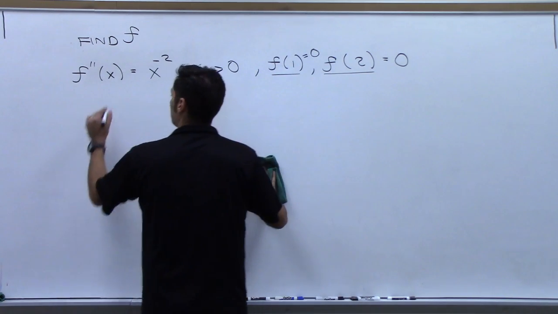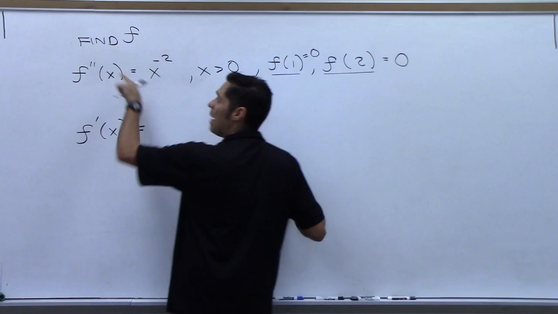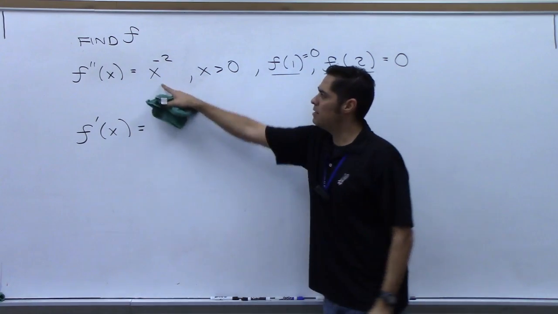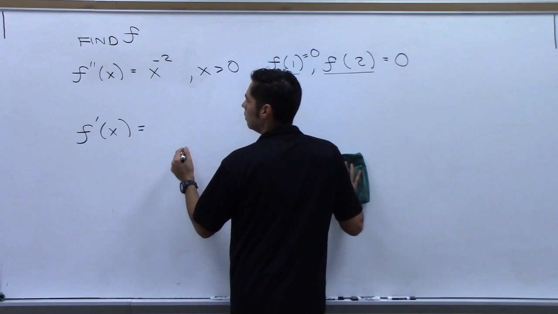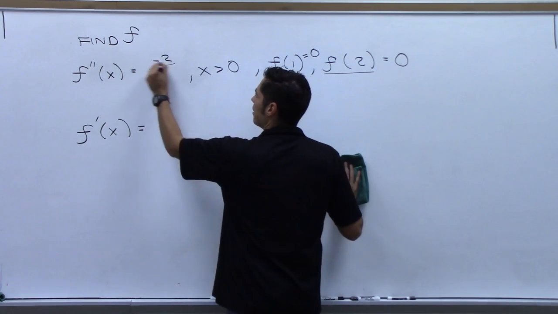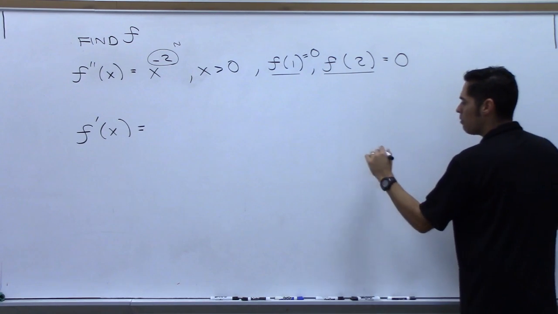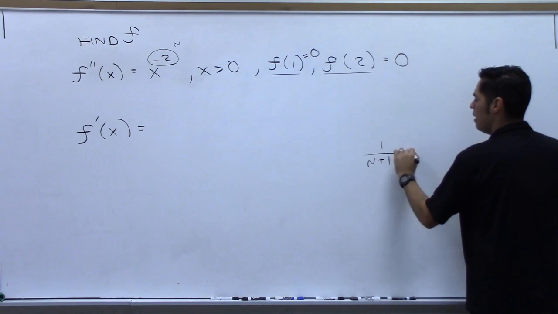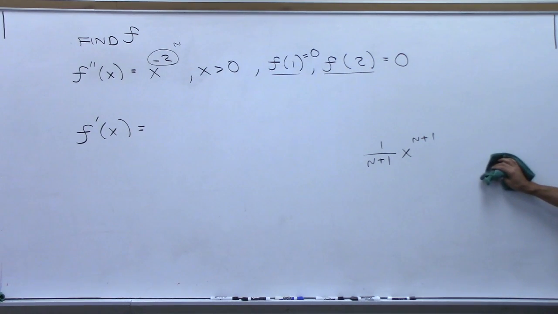So let's start first by trying to figure out what the first derivative is, which means going backwards from this. So what is the antiderivative of that? This is x to the power n. The formula for going backwards is 1 over n plus 1, x to the n plus 1, plus a constant.